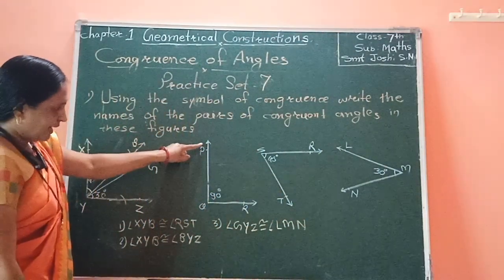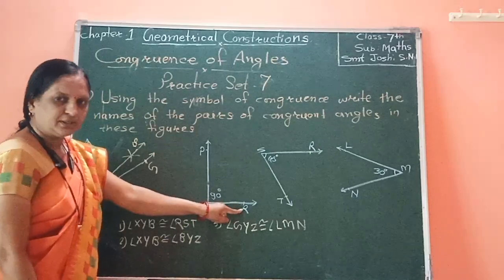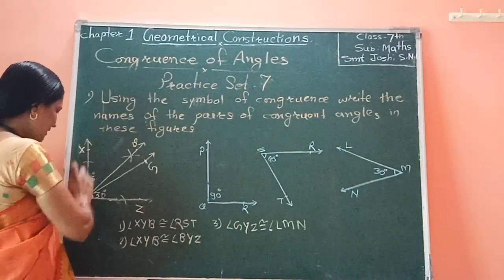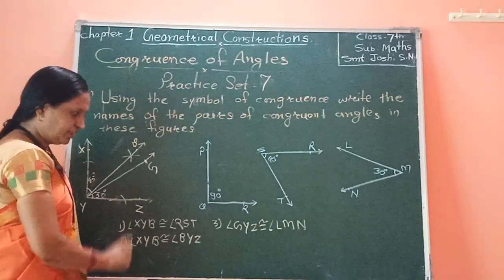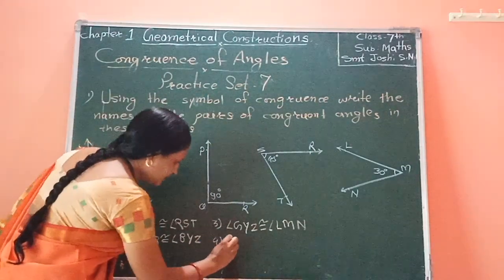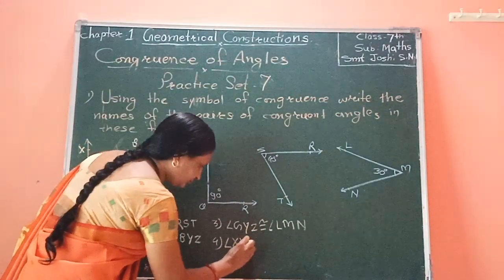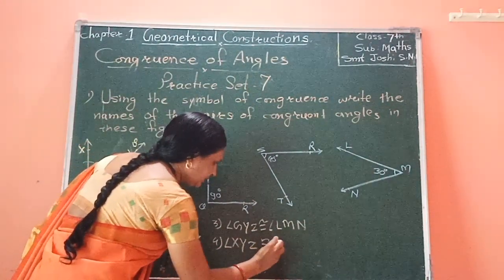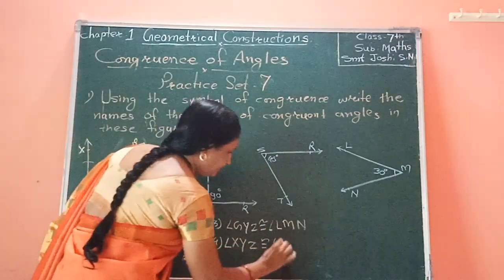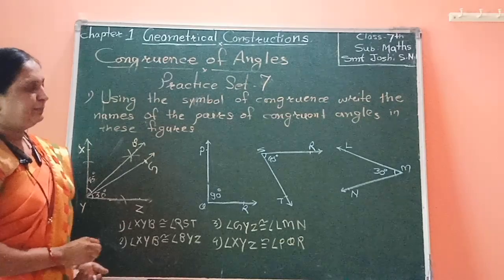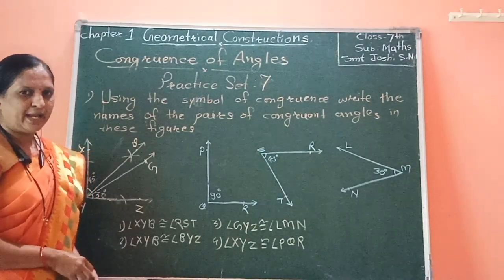Here angle PQR equal to 90 degree and we know angle XYZ also 90 degree means angle XYZ congruent angle PQR. These are the pairs of congruent angles.